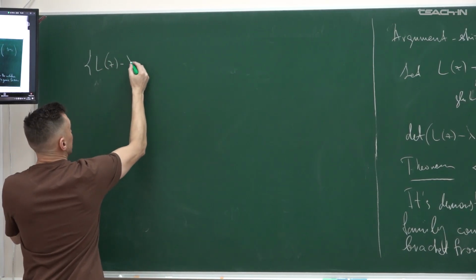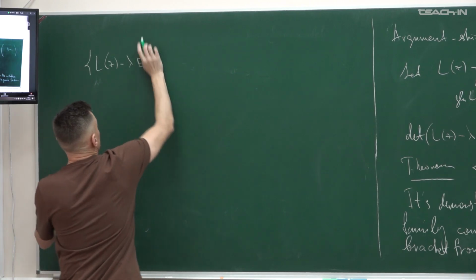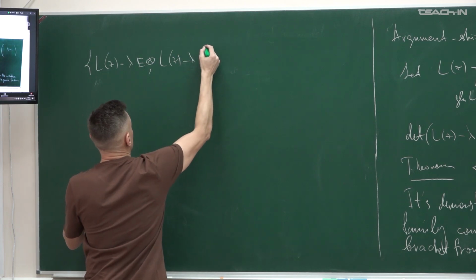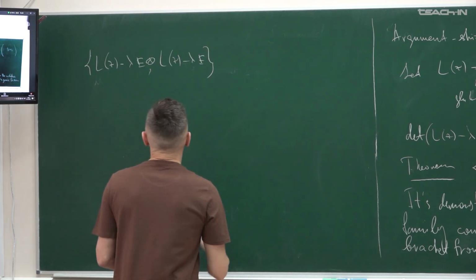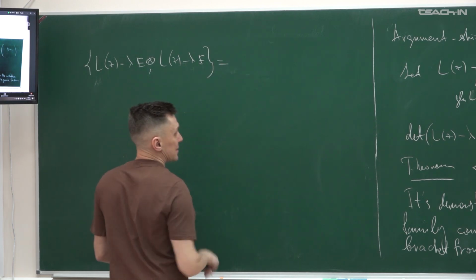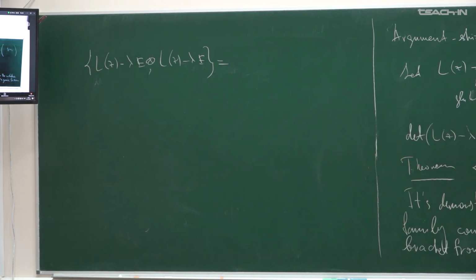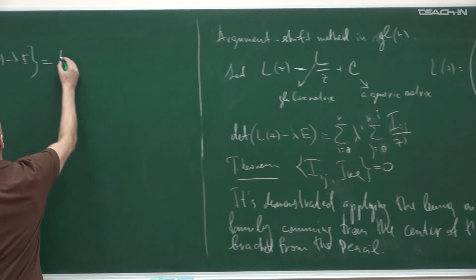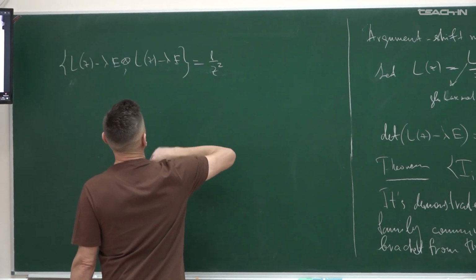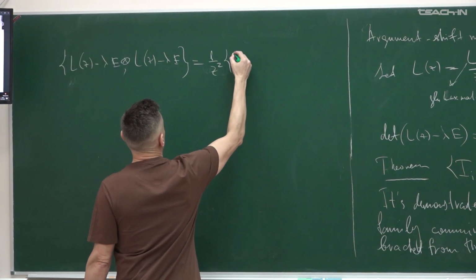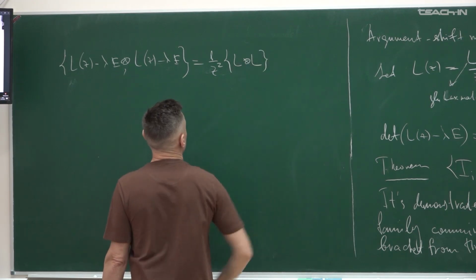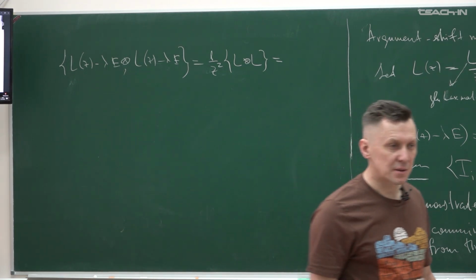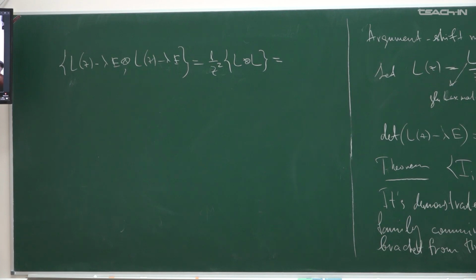So that lambda E, and this is over z square L, because all the rest is composed by constants.